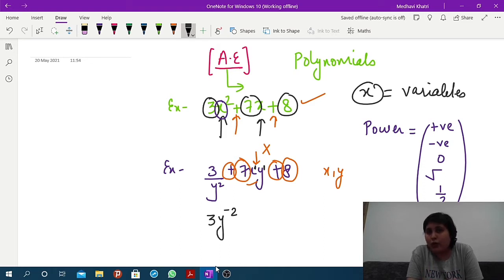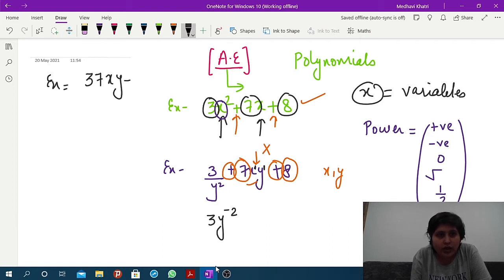But in the case of polynomials, we are restricted to only the whole numbers. That means all the variables should have only whole numbers as their power. Is it clear? Suppose I am writing 337xy plus 7m plus 3.